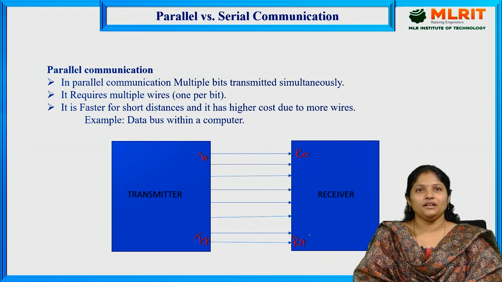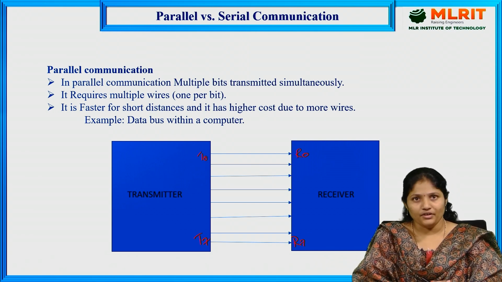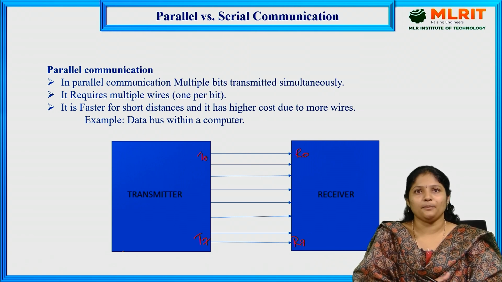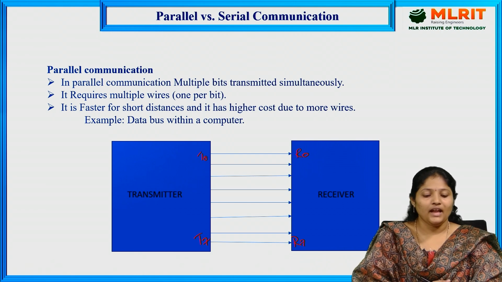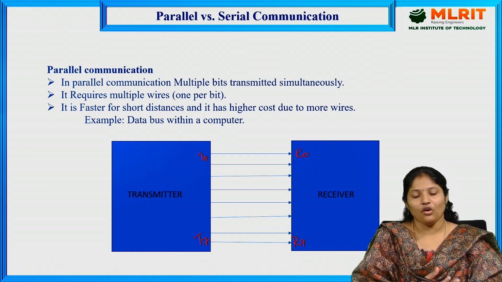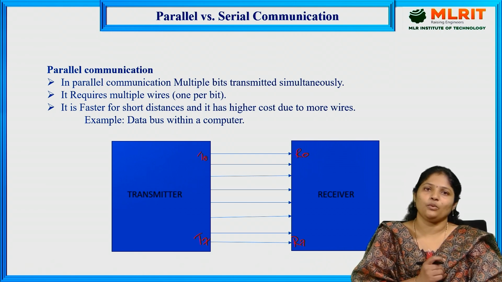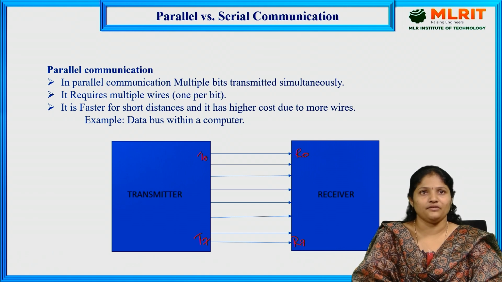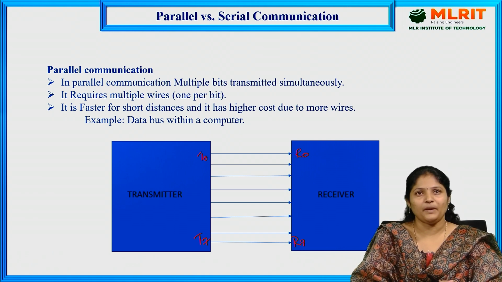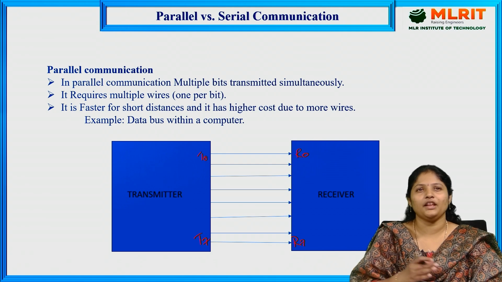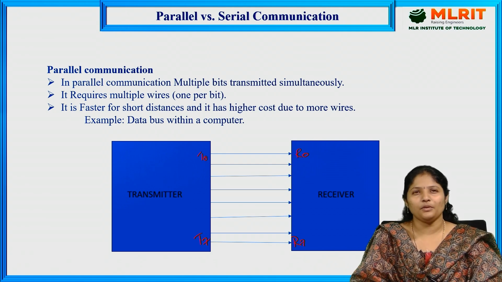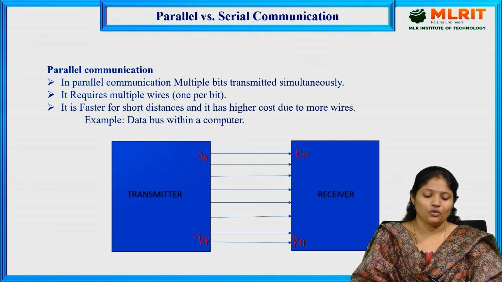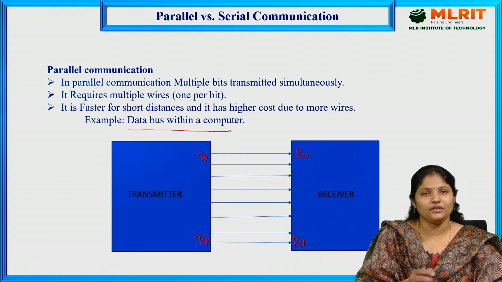So the component cost may be high when compared to serial communication, and it requires multiple wires. For a single bit it requires a single wire to transmit and receive the data. For the shortest distance we will go for parallel communication, and for the longest distance most probably we will prefer serial communication. One example of parallel communication is the data bus within a computer.